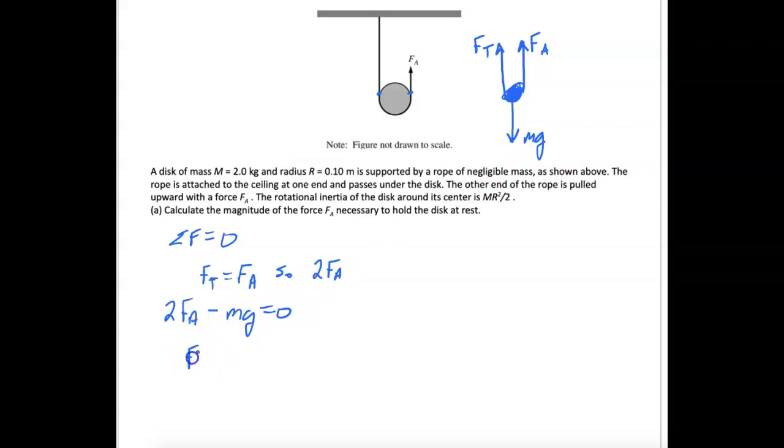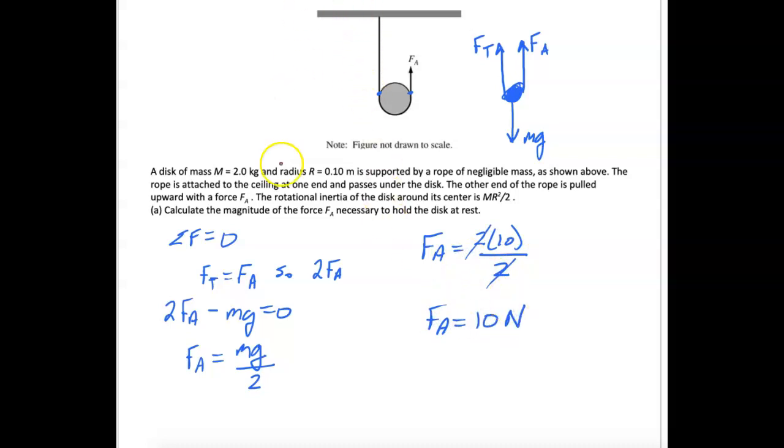So now we can just go ahead and solve for FA. So FA is equal to, add mg to both sides, divide both sides by 2. And now we can plug in our numbers. FA is equal to 2 kilograms times 10 meters per second squared divided by 2. The 2's, of course, cross off. So your applied force here is equal to 10 newtons.